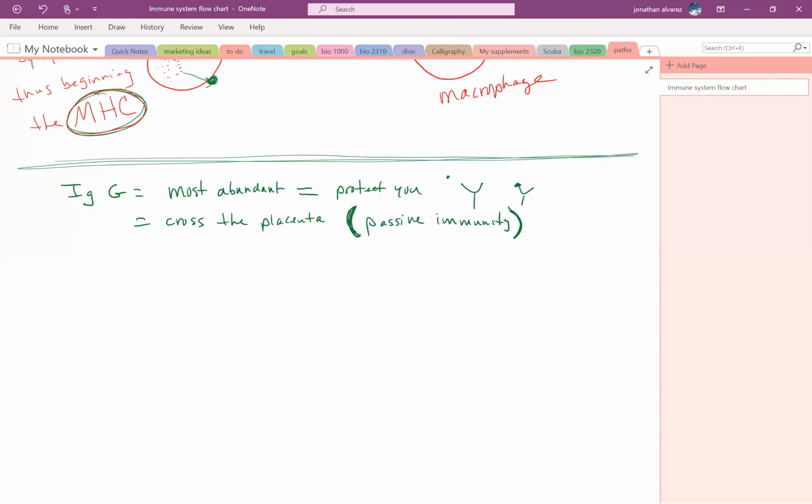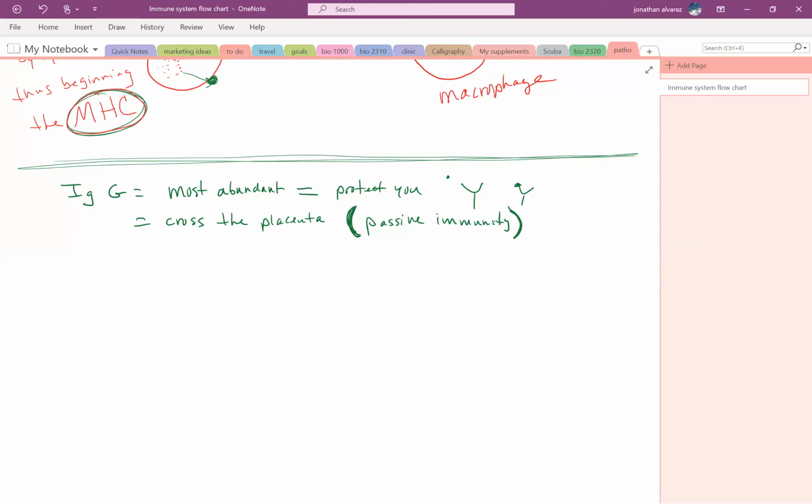They're going to parties and fraternity parties and sorority parties, and they're making out and drinking and sharing drinks and all that stuff. And if they get sick, they'll probably fight it off, and that would be active immunity, right? Or acquired immunity.